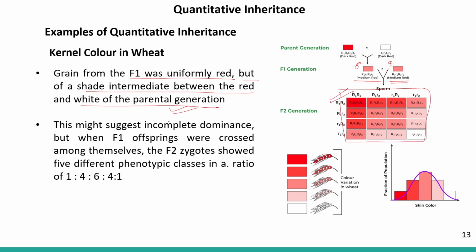So this might suggest incomplete dominance, but the F1 offspring were crossed among themselves. The F2 generation showed 5 different phenotypic classes in a ratio of 1:4:6:4:1. So we are having these 5 different combinations.